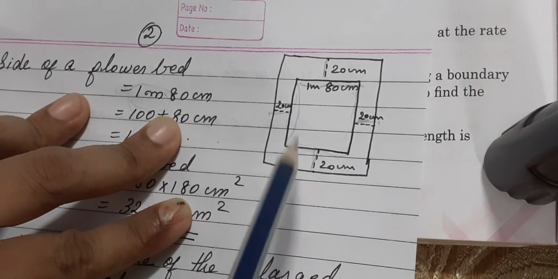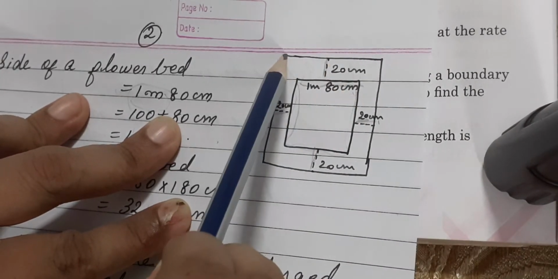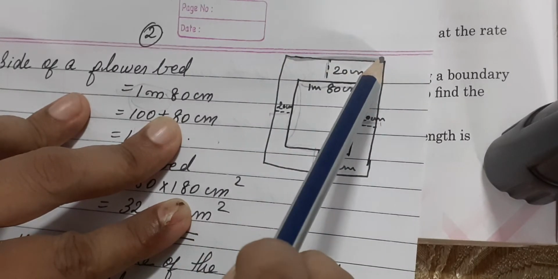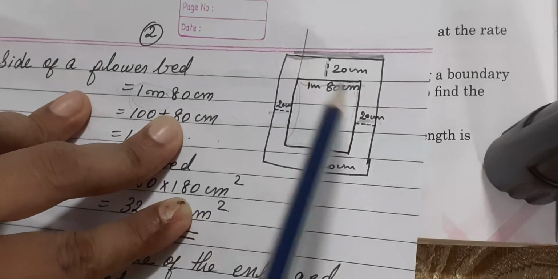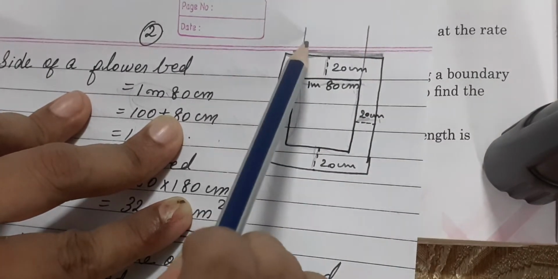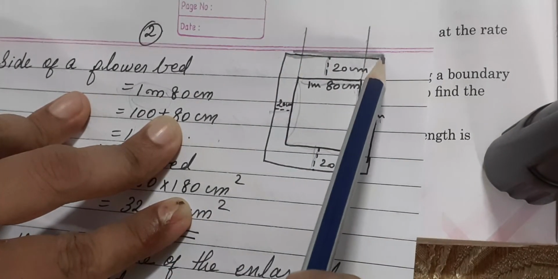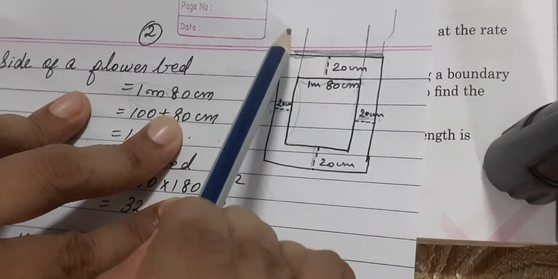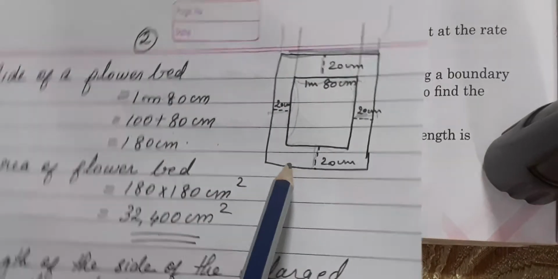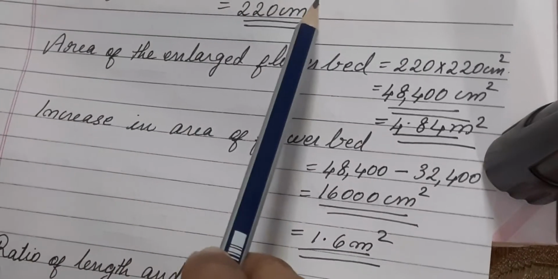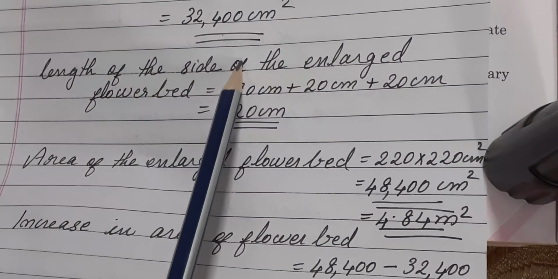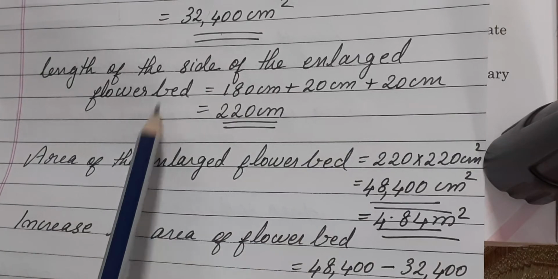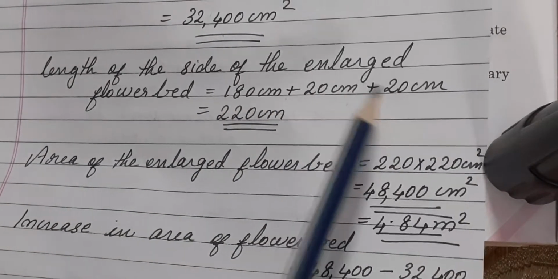So you are able to calculate this new length. How? Up to this much you can say 1 meter 80 centimeter plus this width and plus this width. So length of the side of the enlarged flower bed is equal to 180 plus 20 centimeter plus 20 centimeter.